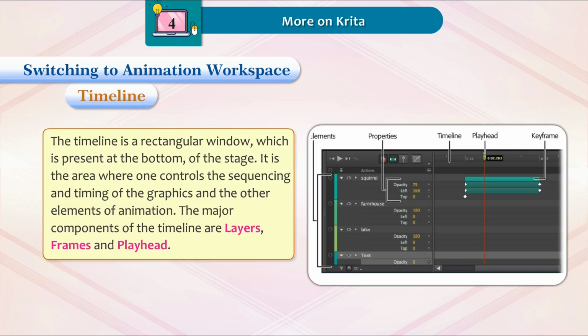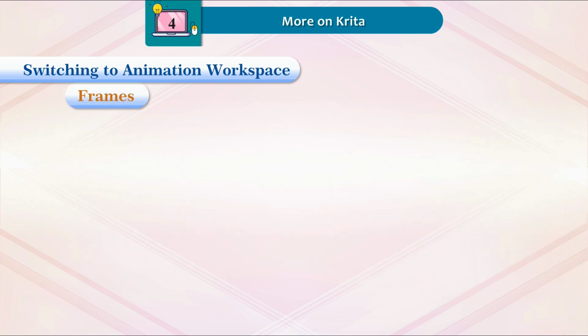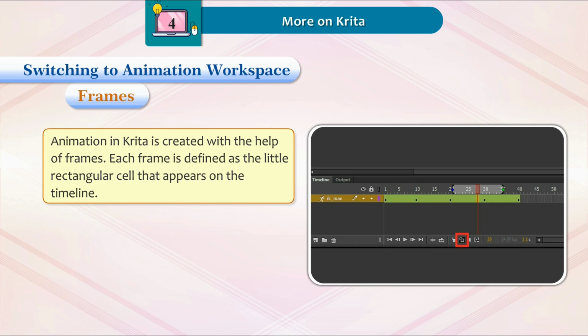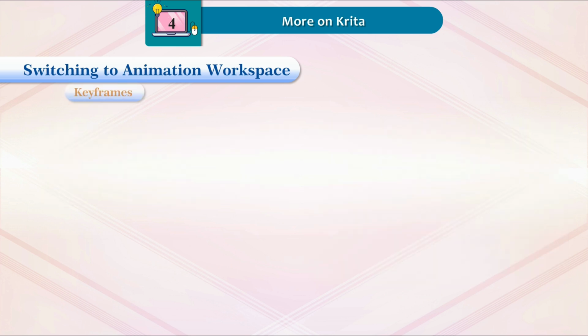Timeline. The timeline is a rectangular window which is present at the bottom of the stage. It is the area where one controls the sequencing and timing of the graphics and the other elements of animation. The major components of the timeline are layers, frames, and playhead. Frames. Animation in KRITA is created with the help of frames. Each frame is defined as the little rectangular cell that appears on the timeline.